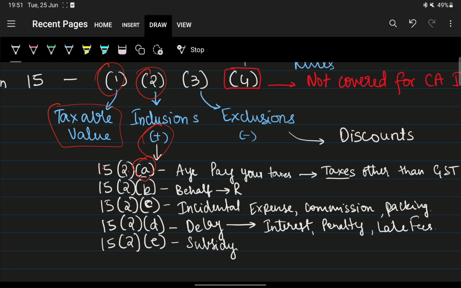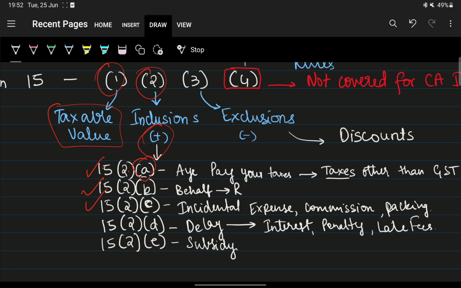By that word incident, you remember incidental expenses, commission, packing expenses. If there are any incidental expenses, any commission, or any packing, you have to add it to the value of supply, right? So 15.2A, 15.2B and 15.2C is clear. Next, section 15.2D. D says delay.